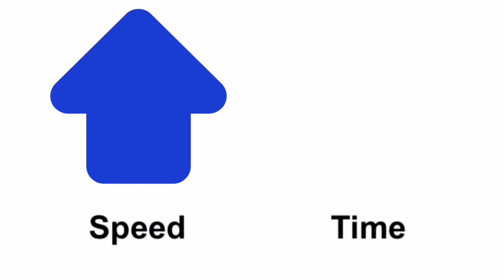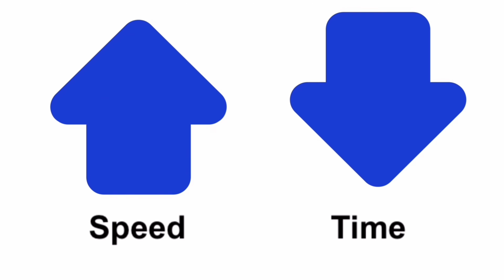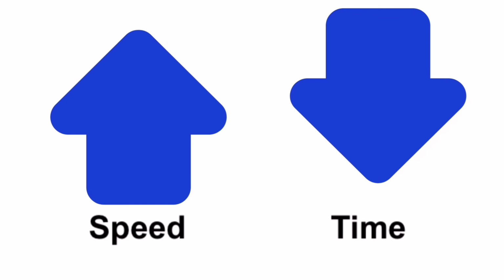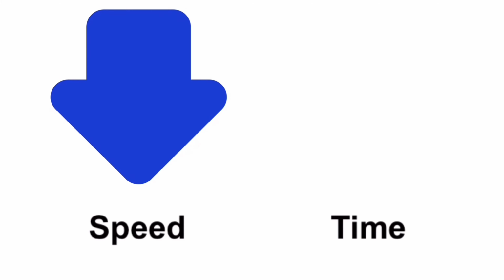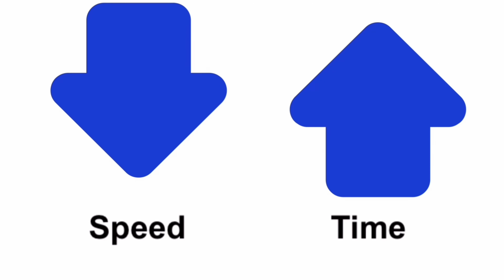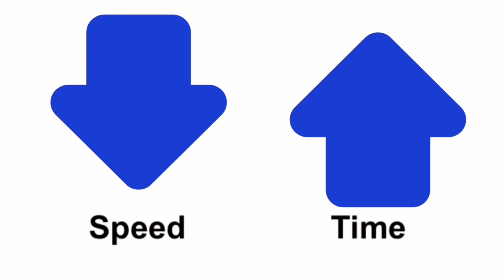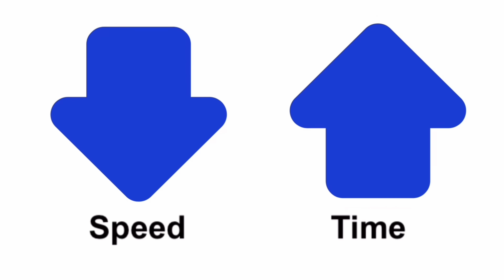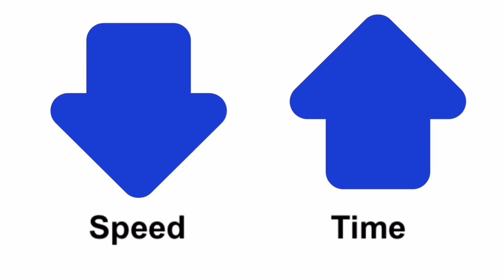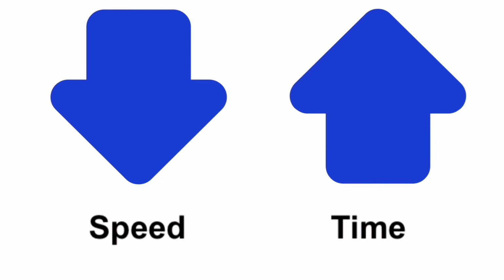Speed and time are inversely proportional to each other, which means that if a car moves at a faster speed, then it takes less time to get to its destination. On the other hand, if a car moves at a slower speed, then it takes more time to get to the same destination. And that makes speed and time inversely proportional to each other.